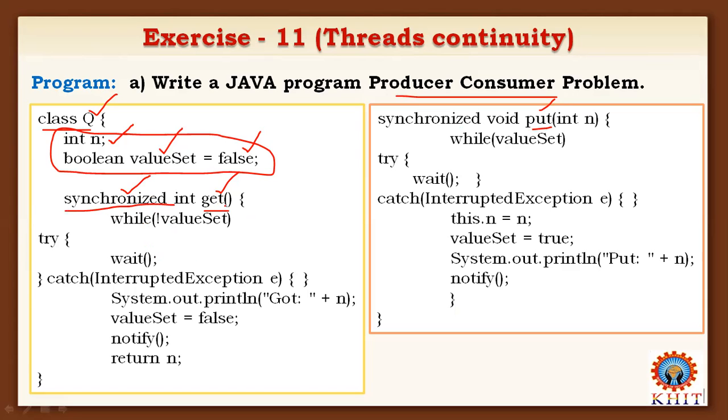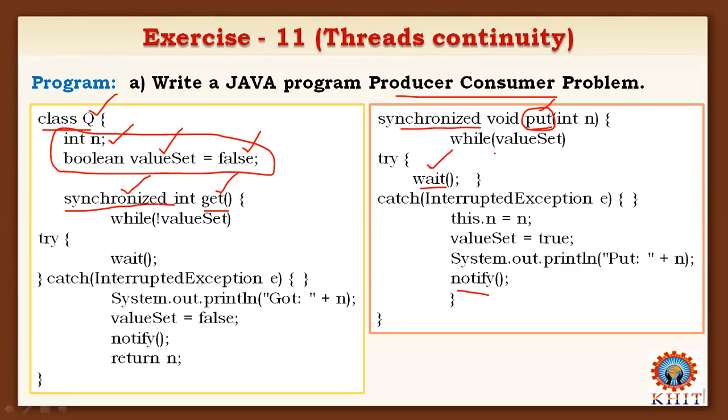When the producer is going to produce an item using the put method, it should be a synchronized method, and it should use methods like wait and notify.